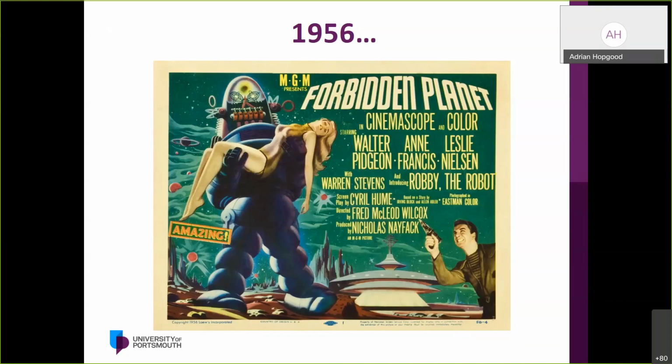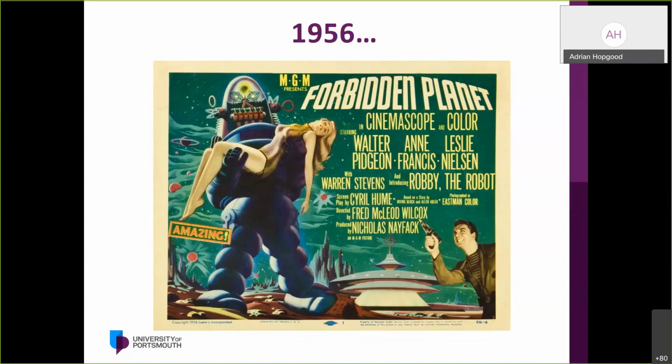And in fact, you could perhaps trace it back 6 years earlier to 1950, with the classic paper by Alan Turing, where he proposed a test for whether a computer was displaying intelligence, what we now call the Turing test. He called it the imitation game, to see whether it could fool you into thinking it was a human, or whether you couldn't tell the difference between a human and a computer.